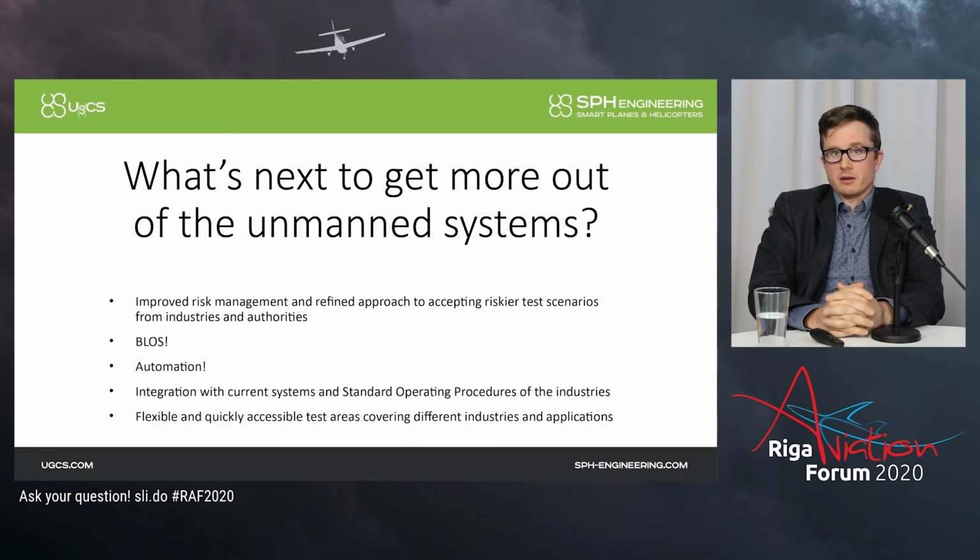There have been a lot of proofs of concept in the world, but very few flights have been approved as beyond line of sight by authorities. And the requirements have been really crazy, I would say. Like you have to put an active radar on the drone, which is not possible due to weight limitations.